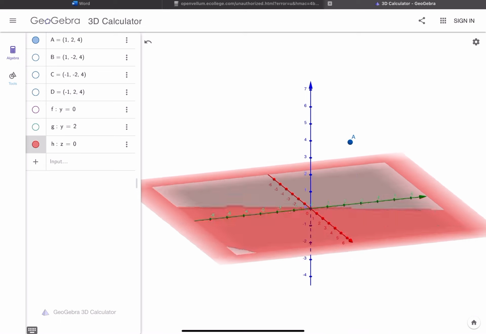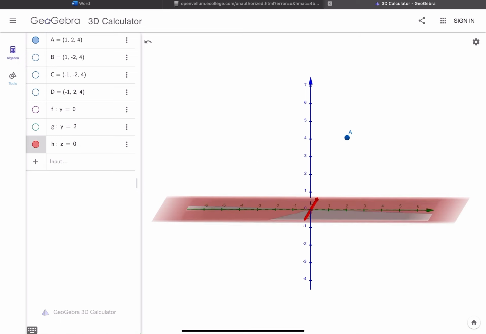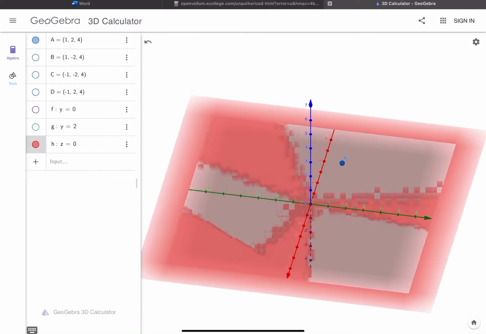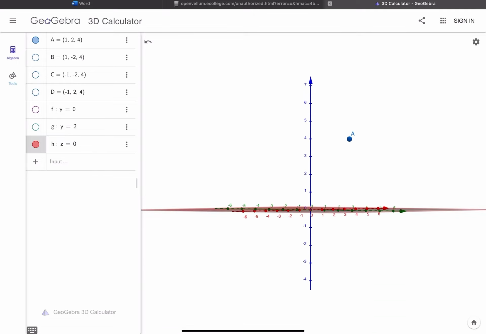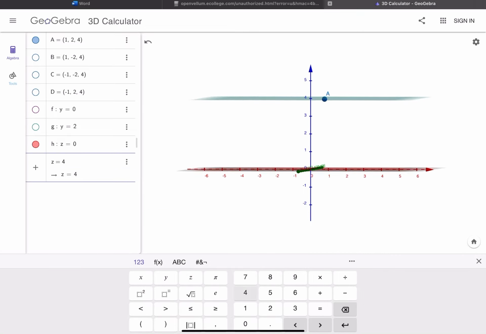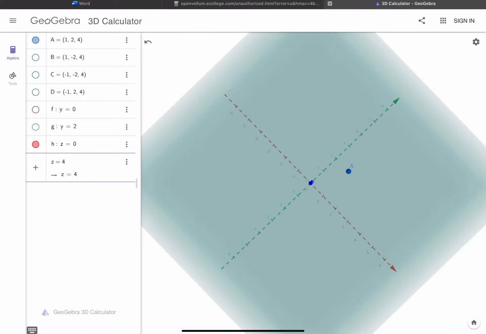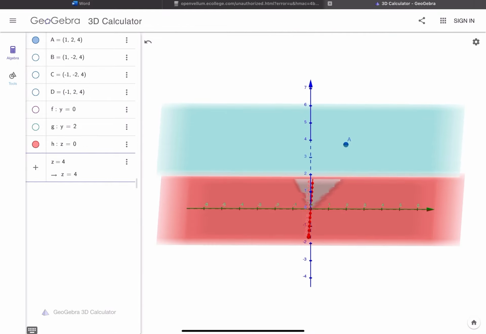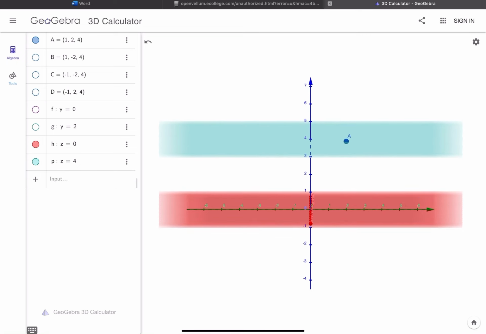To contain the point 1, 2, 4, the Z value has to be fixed, because Z needs to go through 4 and be parallel to the XY plane. So when we type the plane Z equals 4, we now get this plane that's parallel to the XY plane that contains the point 1, 2, 4.